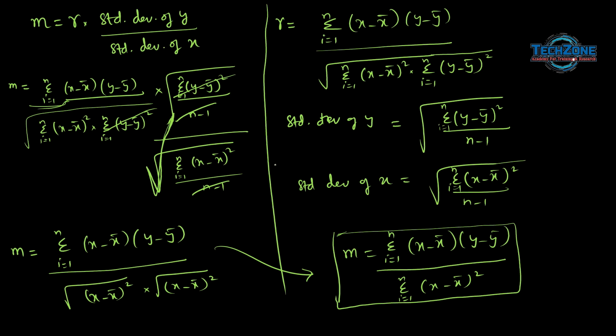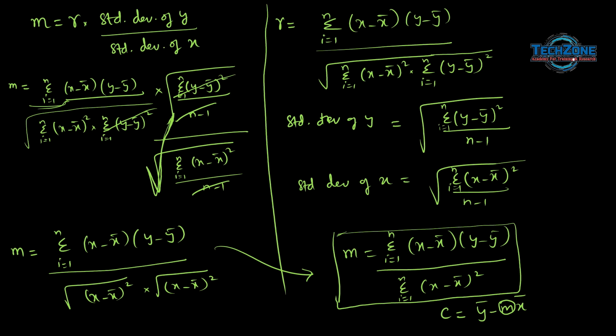Now how should we find the value of c, that is the y-intercept? Just now we saw c is equal to y dash minus m into x bar. If we know the value of m, which we'll know by using this formula, we can substitute it here.